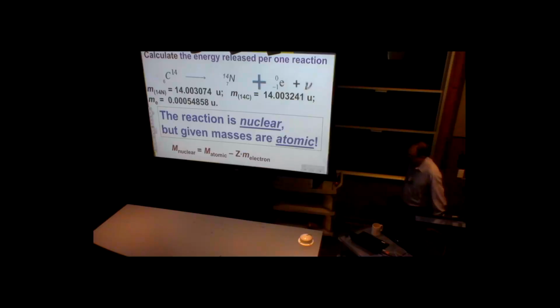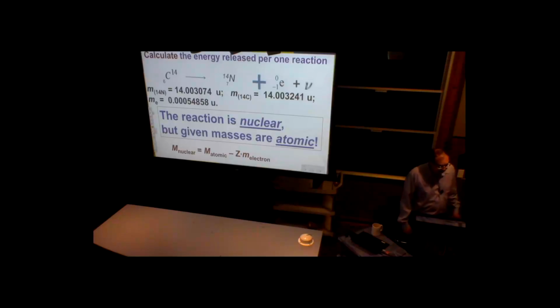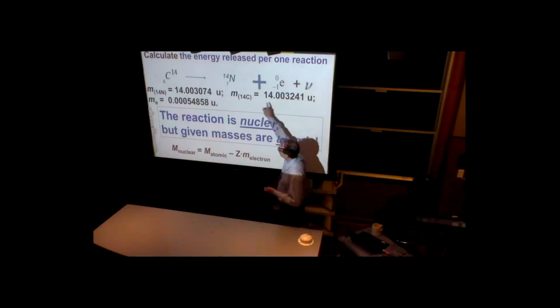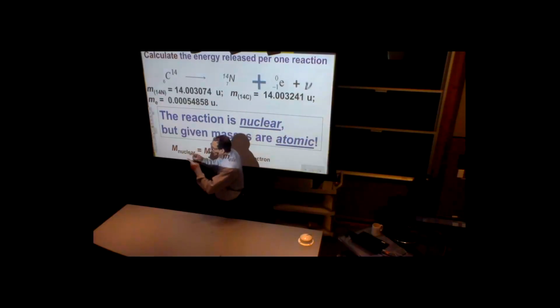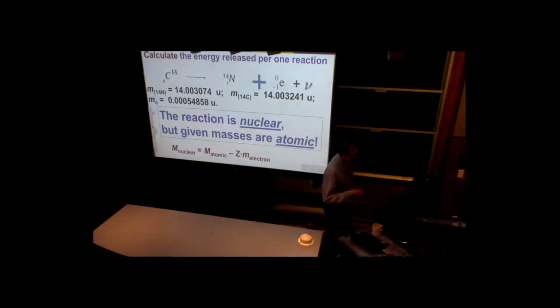And now we know what to do for this reaction or for any other following reaction. We cannot use these numbers directly because all those numbers, at least numbers related to an atom, to an element from a periodic table, represent the mass of an atom, atomic mass.